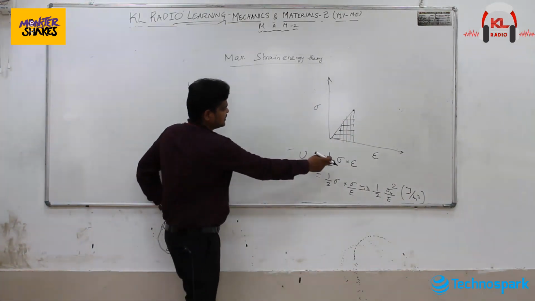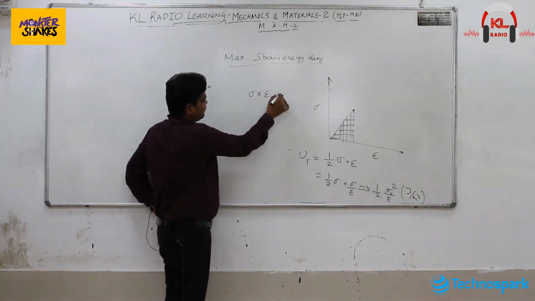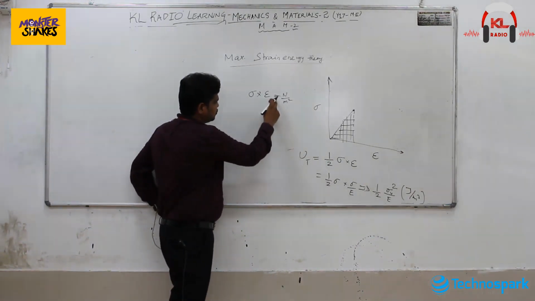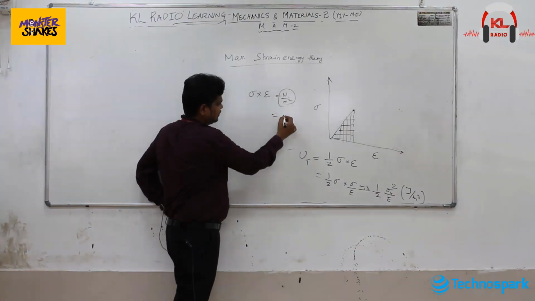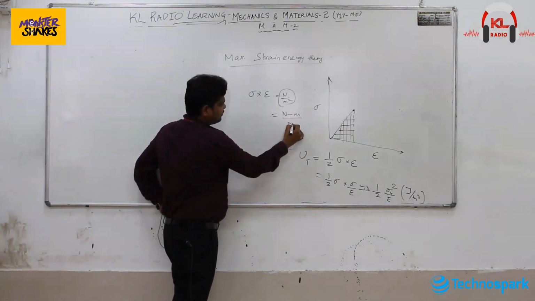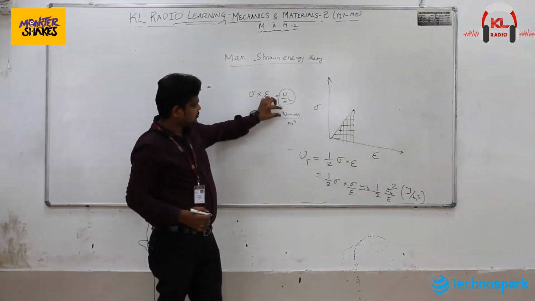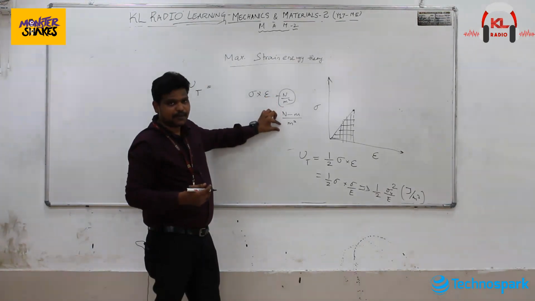For example, for stress into strain, stress is Newton per meter square, and strain is dimensionless. So it is Newton per meter square. Actually it can be mentioned as Newton meter divided by meter cube. The Newton meter is a joule, and joule is a unit of energy, so energy per meter cube.